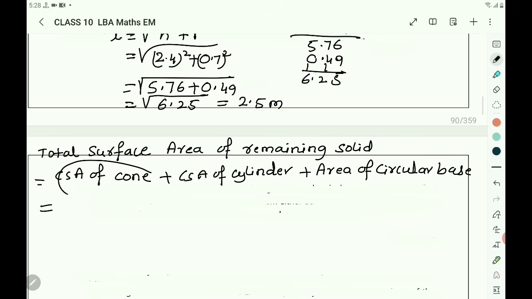Equals CSA of cone is pi into R into L, plus CSA of cylinder is 2 pi RH, plus area of circular base is pi R square.